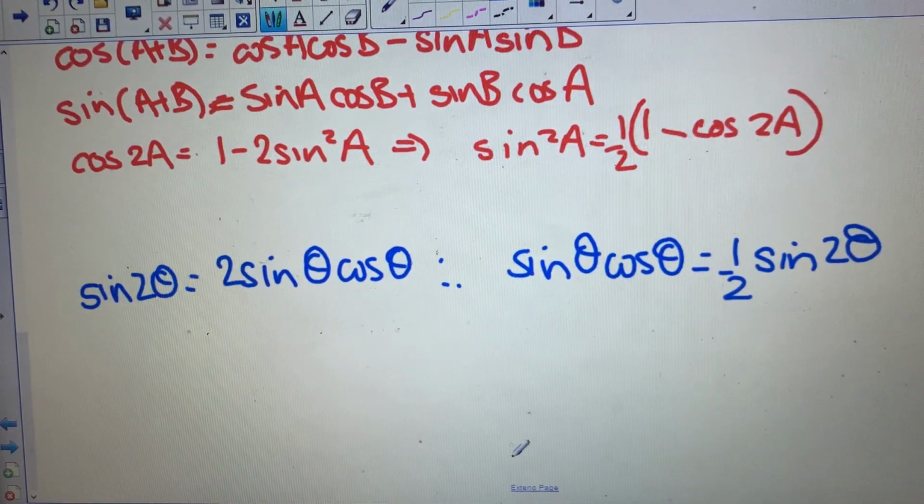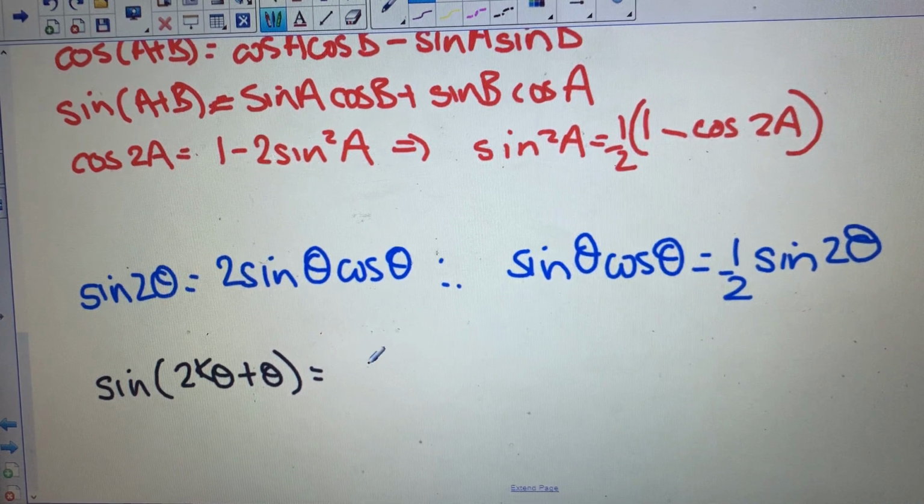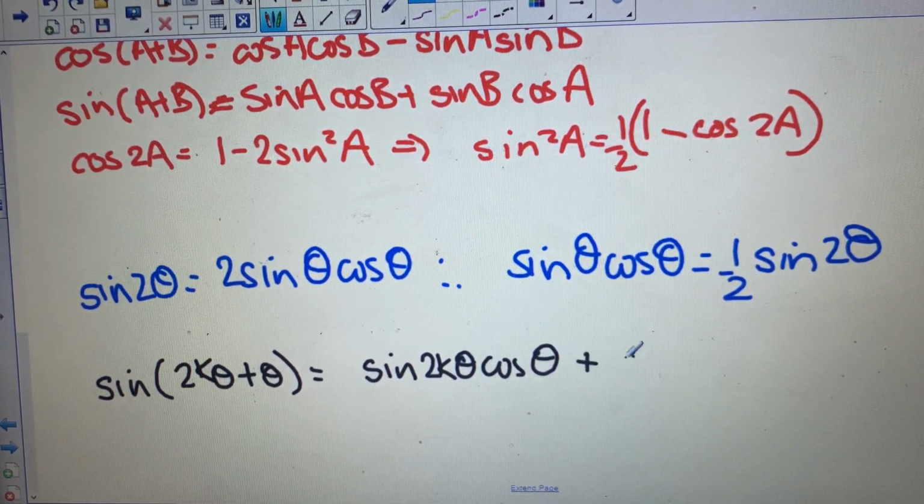So I'm going to consider the expansion, and I'm going to do it down here, of sine of 2k theta plus theta. Now I know that that's going to be the sine of 2k theta cos theta plus the cos of 2k theta sine theta.